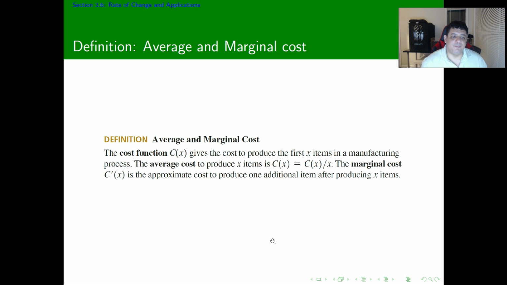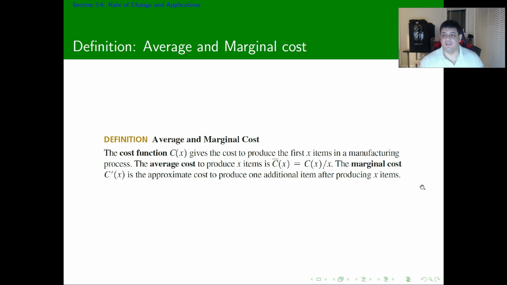Now that we have that idea, we can talk about the average and marginal cost. Since you remember the average is a step from the notion of the derivative, if we have the cost function C and then the average cost function, let's call it C var, then the marginal cost, the derivative, is the approximate cost to produce one additional item after producing X items.